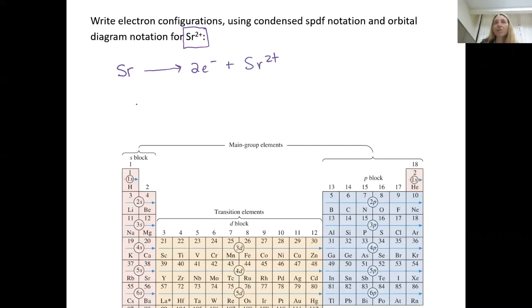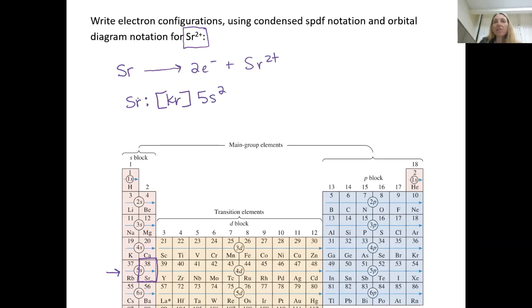And so one of the things that I can do is write the electron configuration for strontium. And if we do that, remember here's strontium right here. And so I'm going to use the noble gas notation. And so I go back to krypton. Okay, so whatever element I'm given, I go back to the noble gas that it's at. And then I add the next electrons, right? So krypton 5s2.